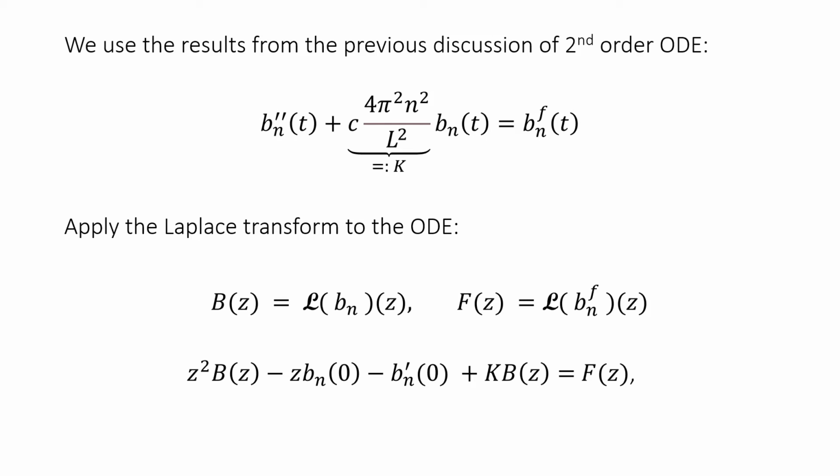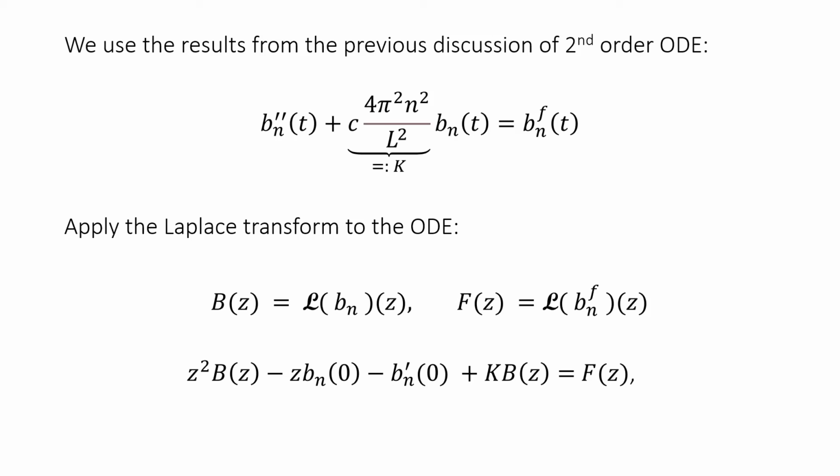With that notation, if we now apply the Laplace transform to the second order ODE, we get the following identity: z² B(z) minus z bn(0) minus bn'(0) plus K B(z) equals F(z). Here we have just used linearity of the Laplace transform and the formula for taking the Laplace transform of derivatives.